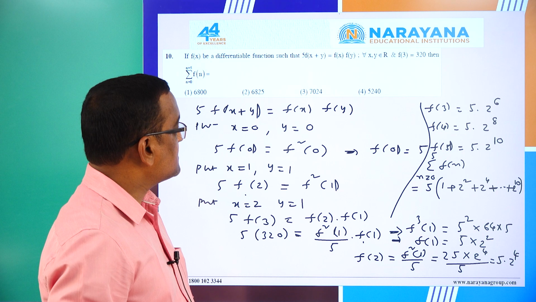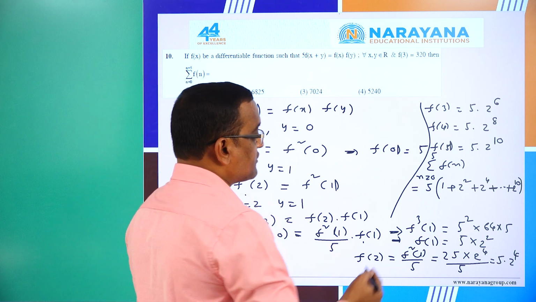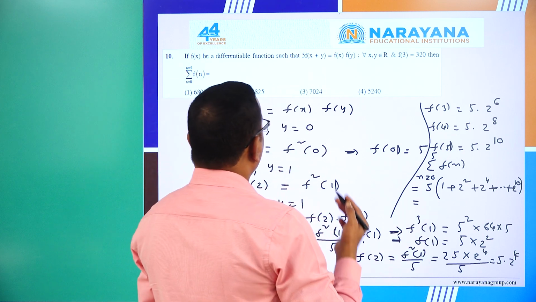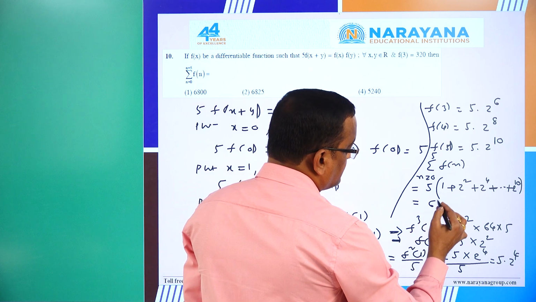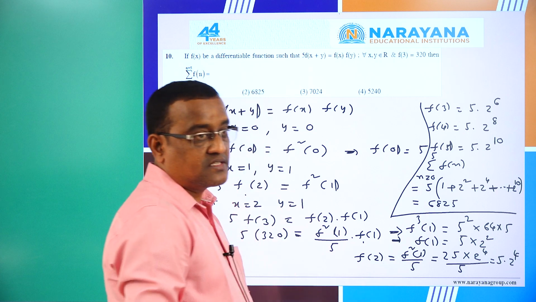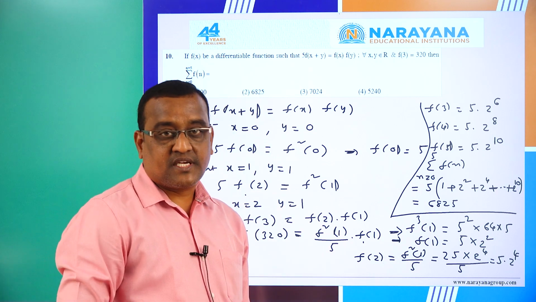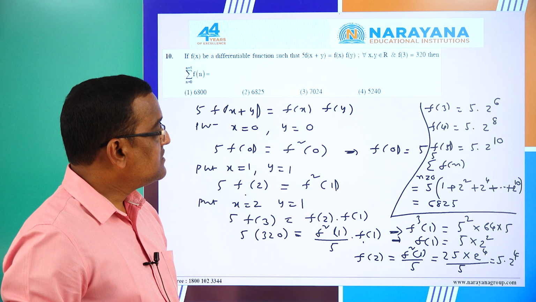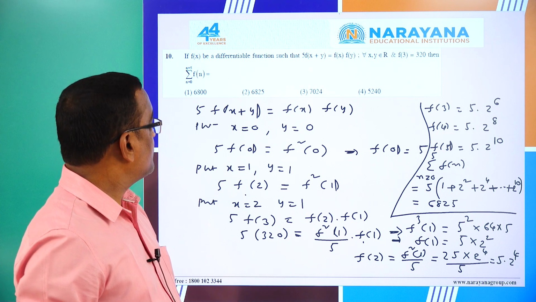After simplifying, you get 6825. It is in GP, so apply the sum to 6 terms in GP here. We get this summation as 6825.